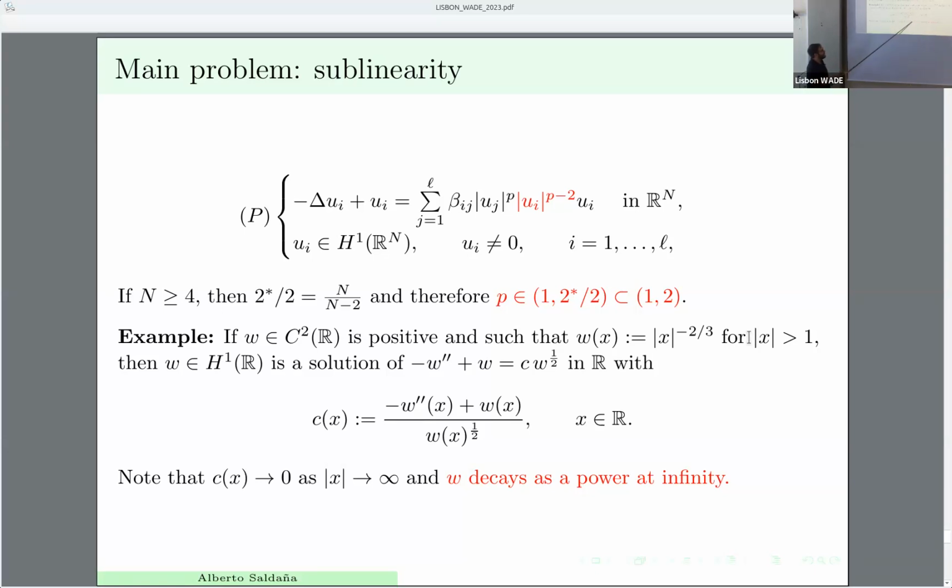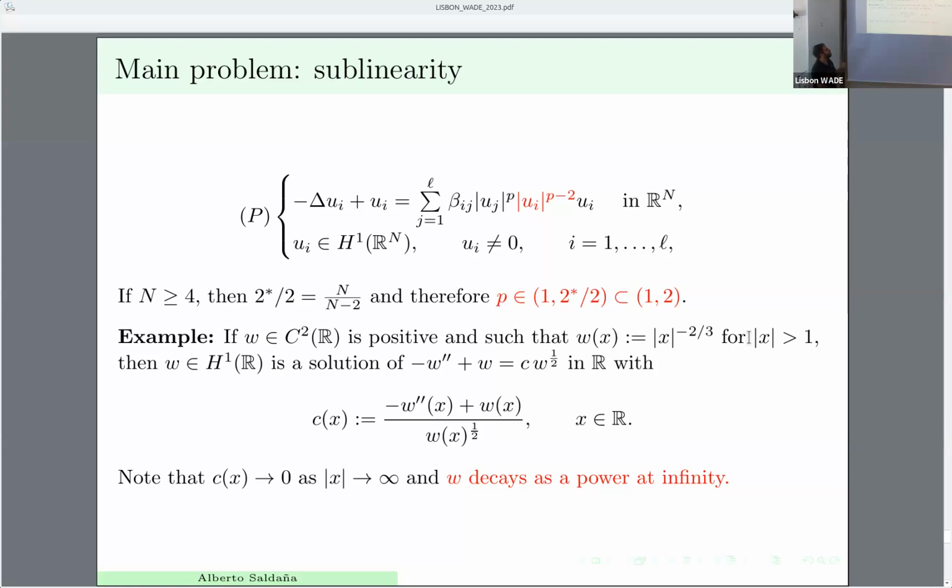And this coefficient defined like this is going to go to 0 as x goes to infinity. So exactly the setting that I have here, because this coefficient here is also going to 0 because it belongs to an energy space. And what I am left with is the sublinear power. So here we have an example that sublinear powers could be delicate.